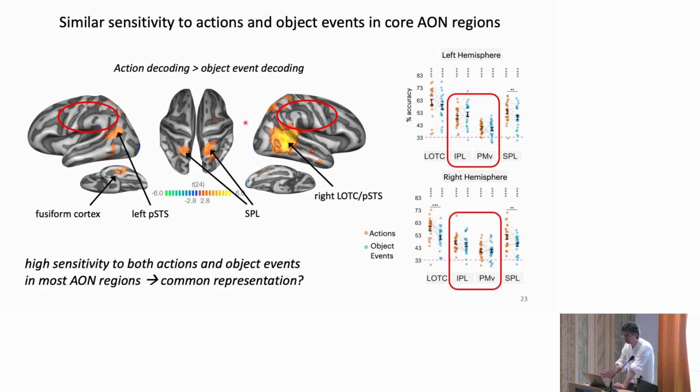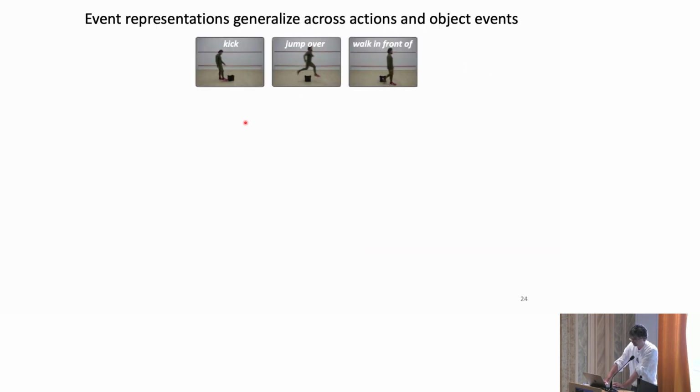So this surprisingly high sensitivity to both actions and inanimate object events, which lack any body-related information in the stimulus, why are they so different? So are there distinct but anatomically overlapping representations for actions and object events, or is there a common representation?